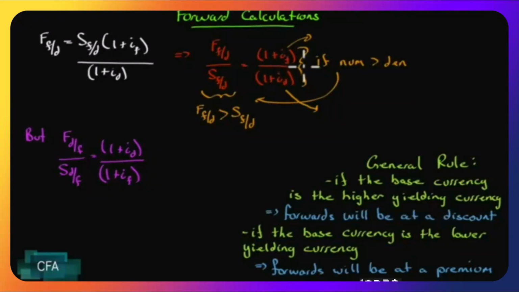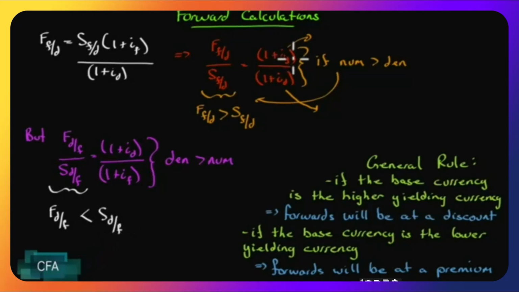So in this situation, what we said was that I F is greater than I D. Well, over here, if I F is greater than I D, what we now have is the denominator is greater than the numerator. Do you see that? Now we have a situation where the denominator is greater than the numerator. Well, that must hold for this side too. So the forward rate must be less than the spot rate.